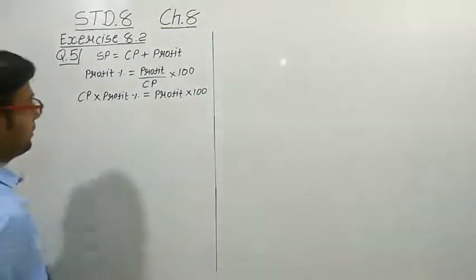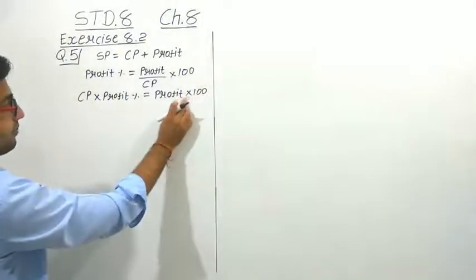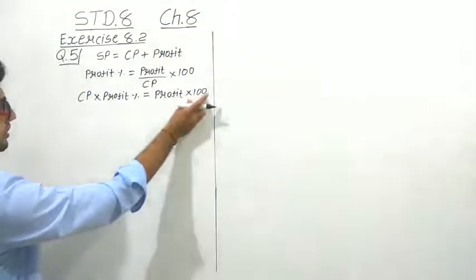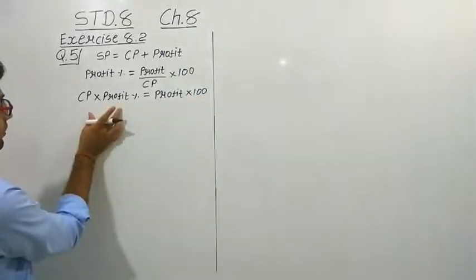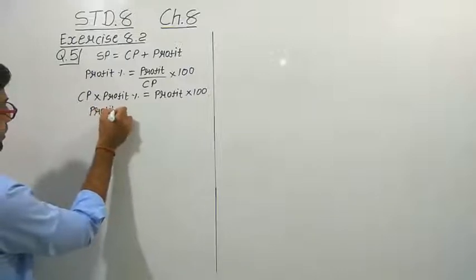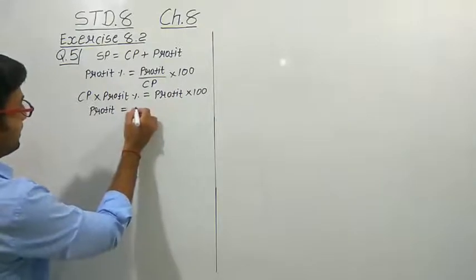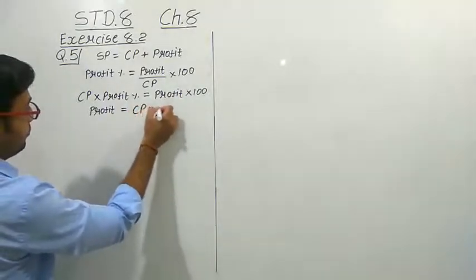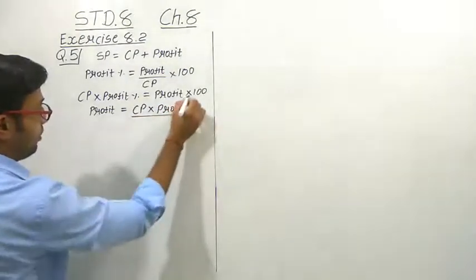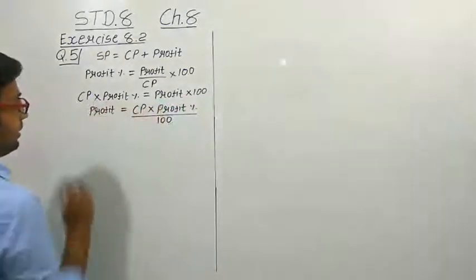We require only the profit, so 100 will go in the denominator because 100 is in multiplication with profit. So when we make the profit the subject, profit is equal to cost price into profit percentage upon 100, right? A simple thing: we take this 100 to the other side.